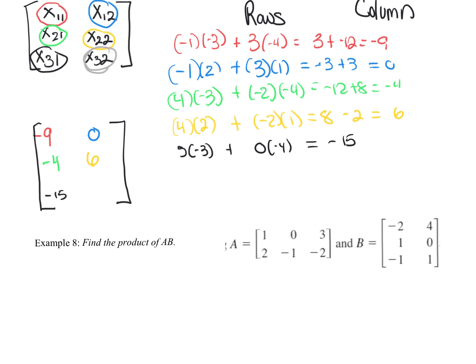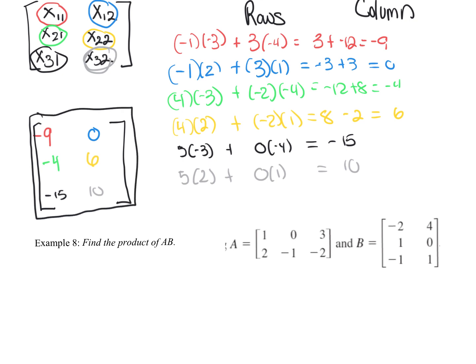So this one right here is row 3, column 2. So I'm going to get 5 times 2 plus 0 times 1, which is going to make a 10. And so this right here is my answer, my resultant matrix. So let's try the next one.